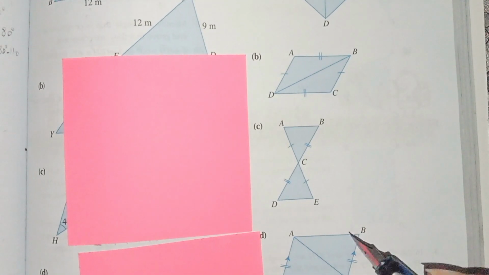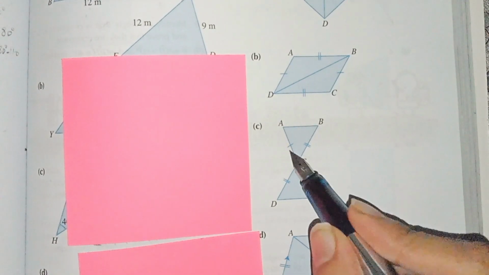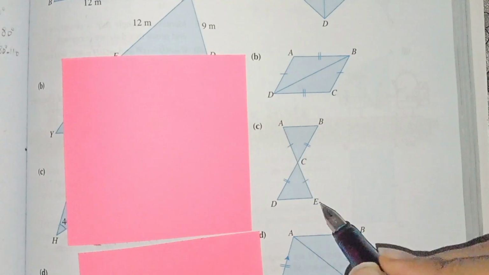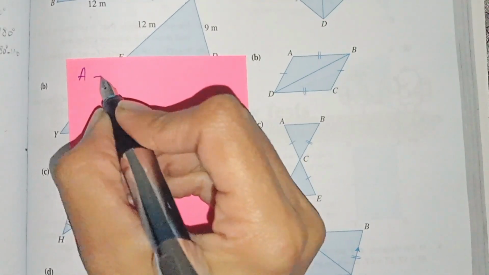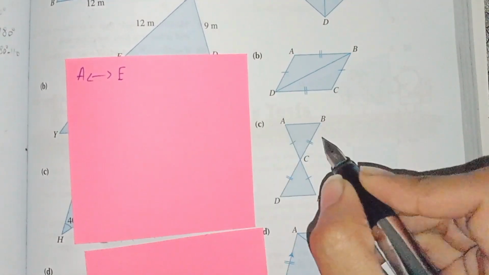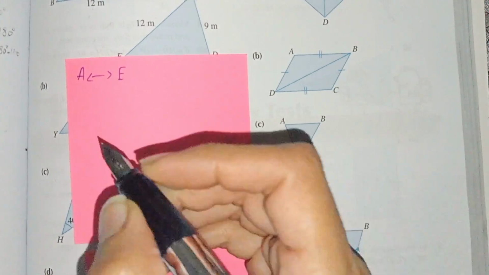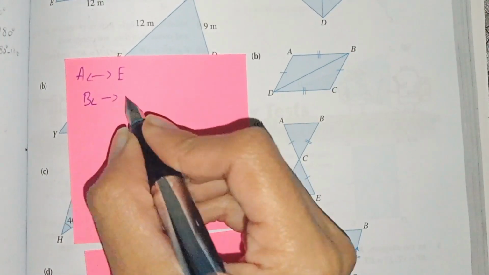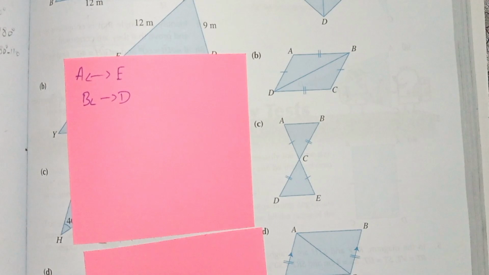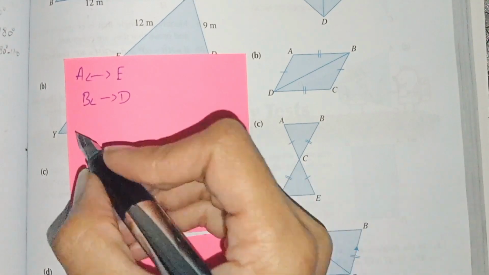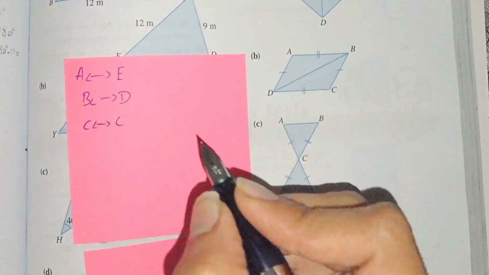Now, students, part number C. You can see that that line is equal to that line. That's why A is equivalent to E, B is equivalent to D, and C is equivalent to C, which is common.